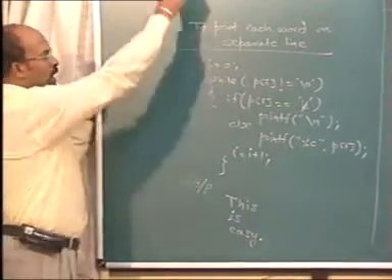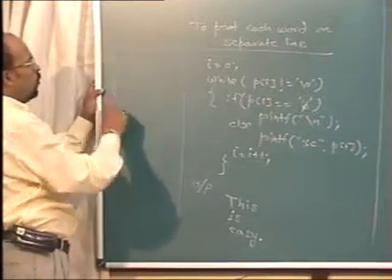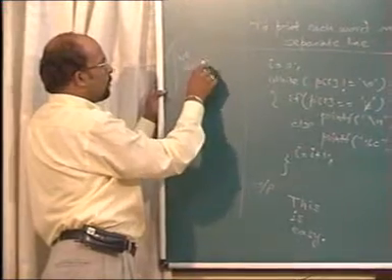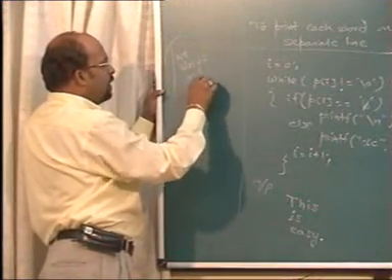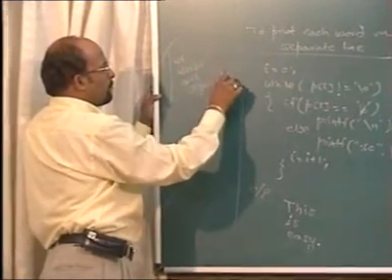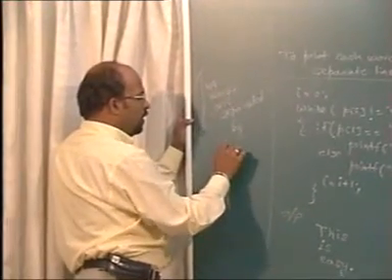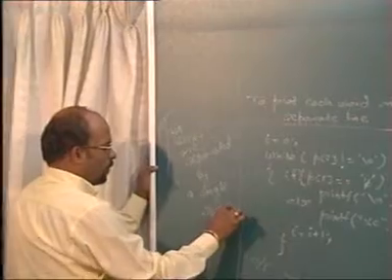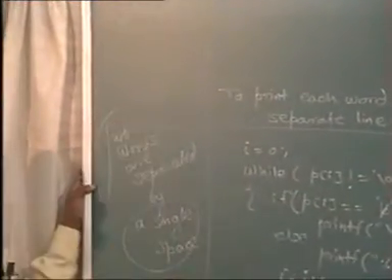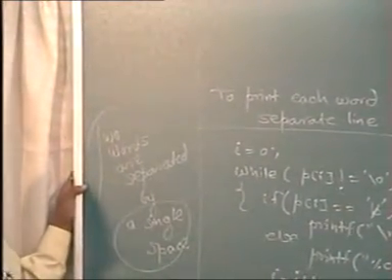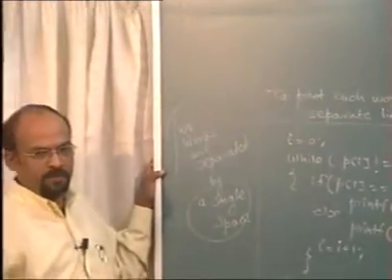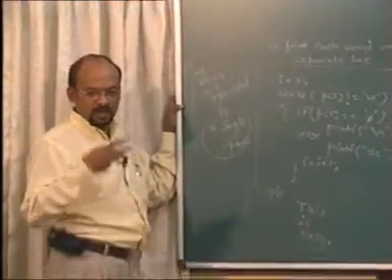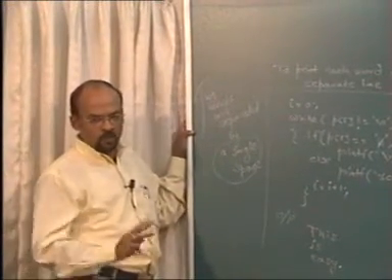The underlying assumption is two words are separated by a single space. If there are multiple spaces between two words, then that many lines will be skipped. Suppose between "this" and "is" there are 4 spaces, then 3 lines will be skipped, because 4 times it will go to the new line.